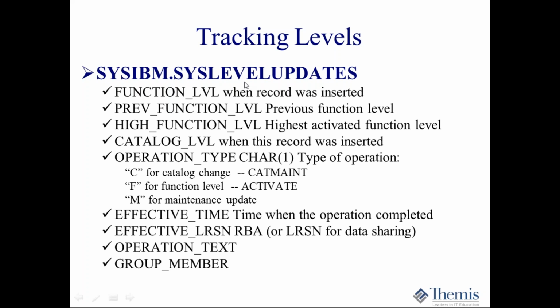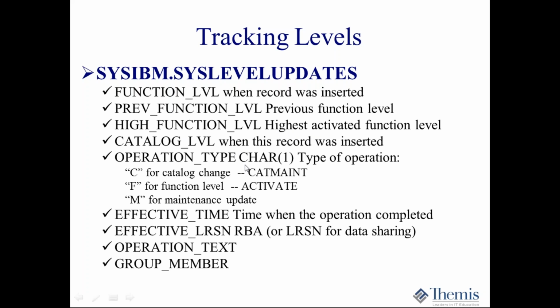In the System Level Update, we have the function level. We have the previous function level. And this is processed when you do your activates. You have the highest activated function level. You have the catalog level. So this is created in the CatMaint.